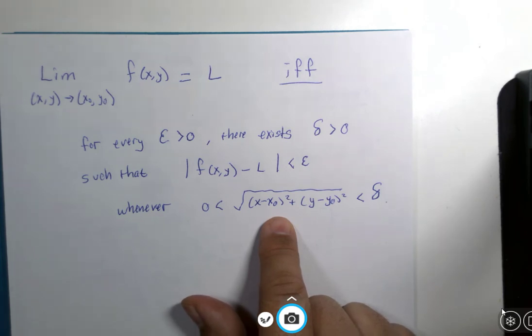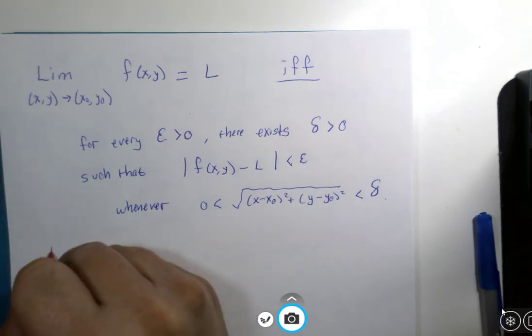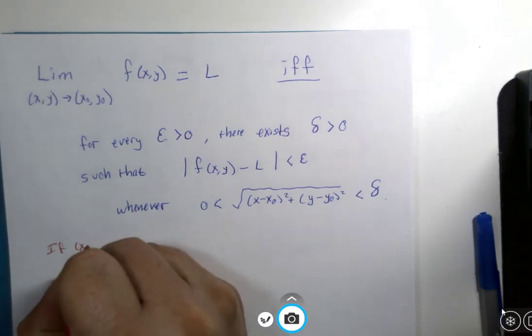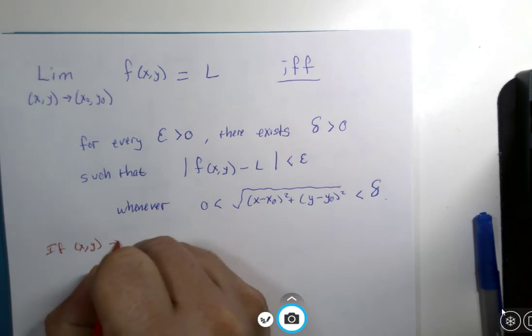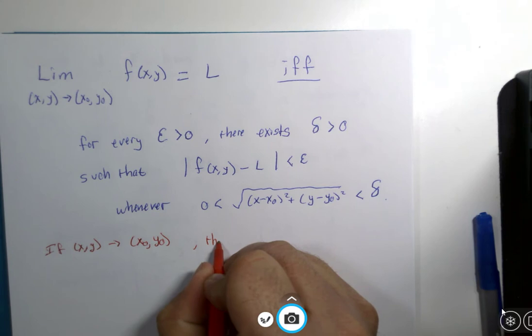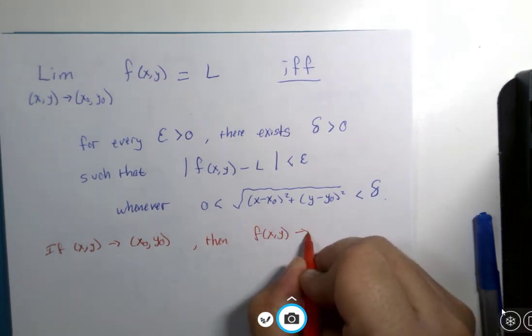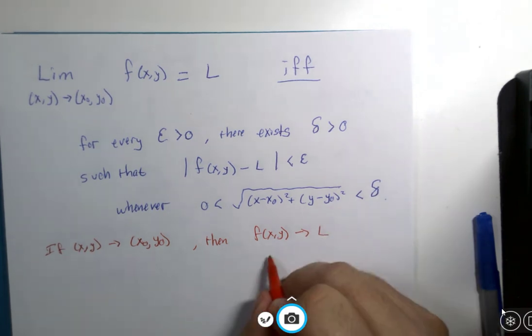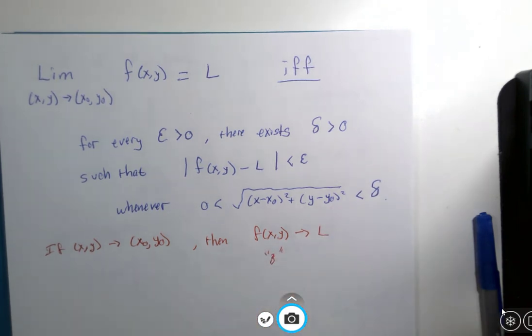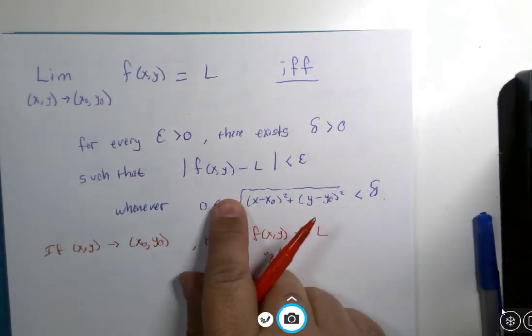That's a way you could read this statement aloud and try to make some sense out of it. This statement basically says if x and y get close to some point, then the function gets close to some number. Remember, that's another way of saying the z-value. This is how we say it in mathematics.